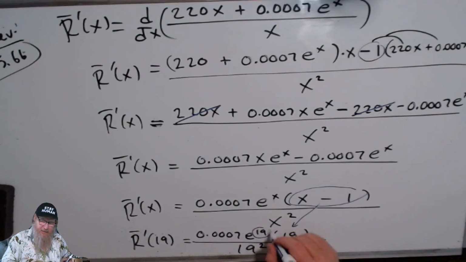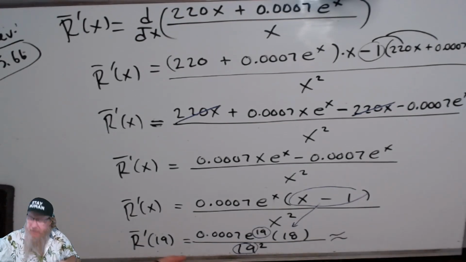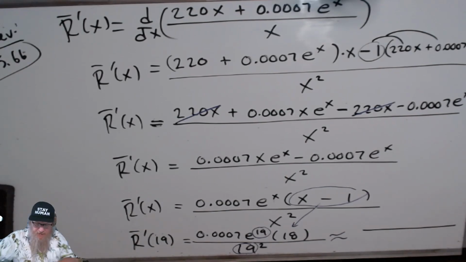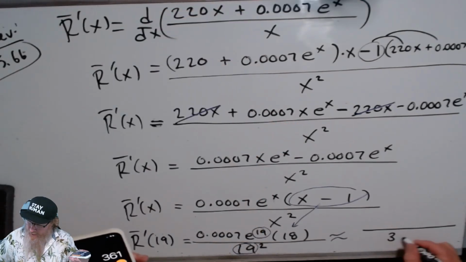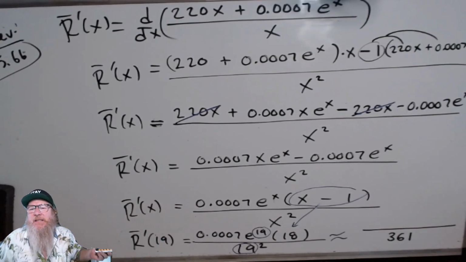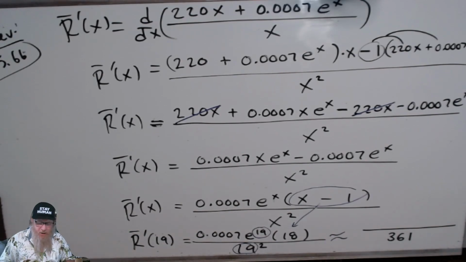Because you're plugging in 19. And I think we could do this whole thing on the calculator. I'm going to do the 19 squared first. I don't remember that from being a kid. 361. Nobody ever makes you go all the way to 19. 12 is pretty standard. I went to 15 when I was a kid because I was not normal. So 19 squared is 361.